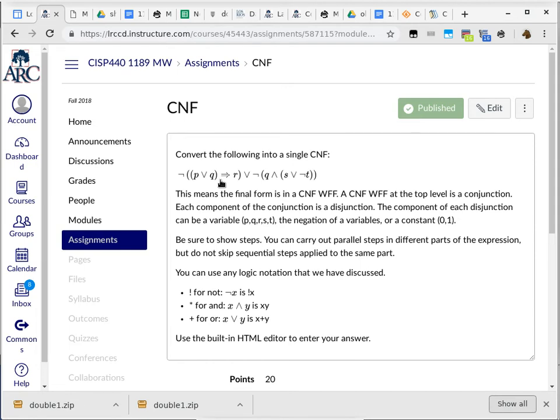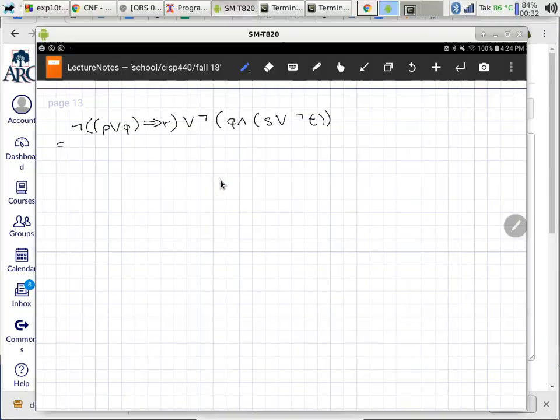Okay, the negation of P or Q, the whole thing implies R, or the negation of Q and S or not T. Is that right?